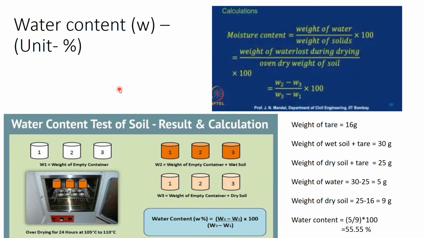That will give you the weight of water, divided by the dry solids weight alone, which can be found by deducting the tare weight. So the dry soil weight is going to be 9 grams here. So 5 by 9, that is going to be 55 percent. Water content is calculated. Generally we calculate for three trials and we report the average. Fine.